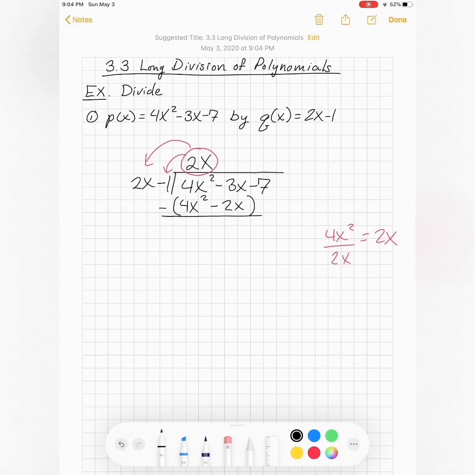Okay, 4x squared minus 4x squared cancels. That's why this process works, because I'm always able to cancel out that lead term. Don't forget to distribute the negative here. So what I actually have is negative 3x plus 2x. Negative x.